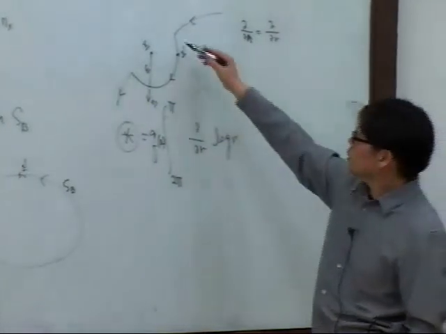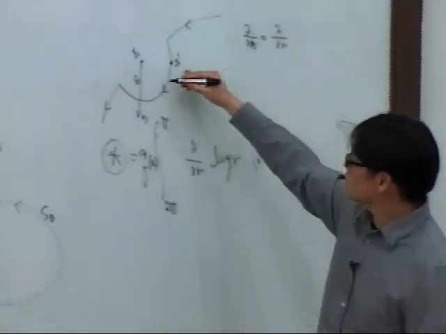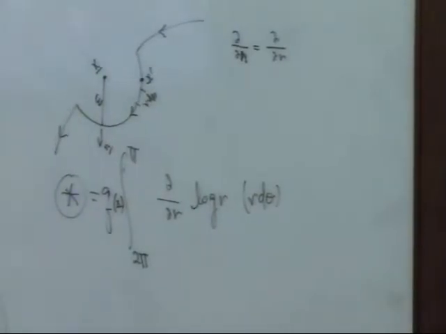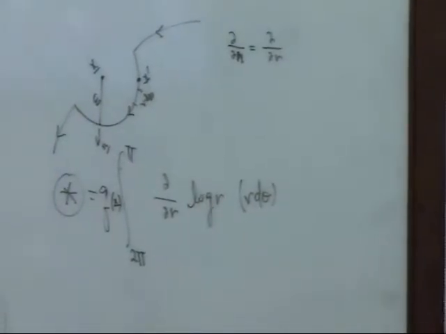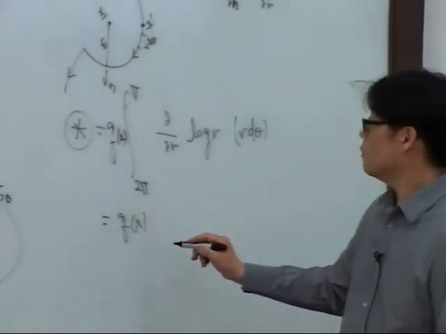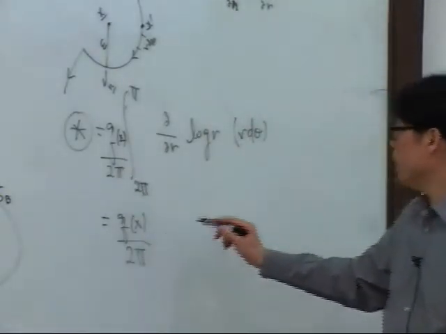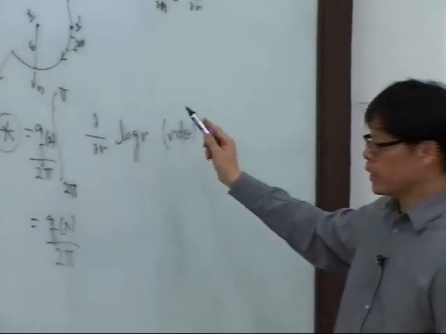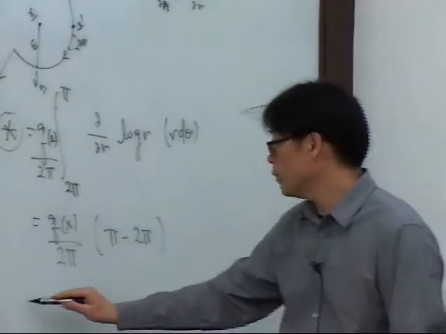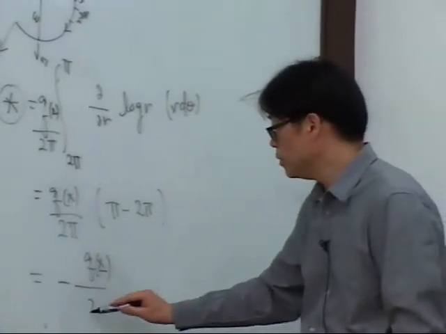And then I have to integrate over this path, which gives you r dθ, because this segment is nothing but r dθ. And then I end up with the q of x. I forgot 2 pi. I had 2 pi here. And then I have 1 over r and r. They cancel each other. And then I end up with a pi minus 2 pi. And therefore, I have minus q of x divided by 2.